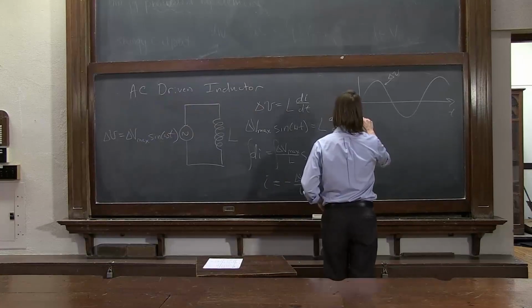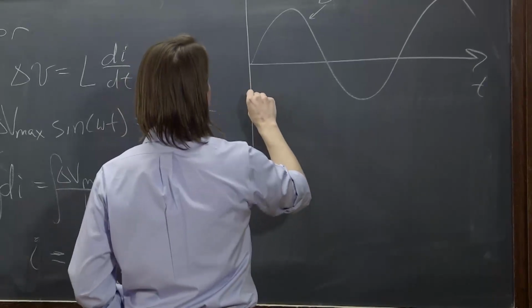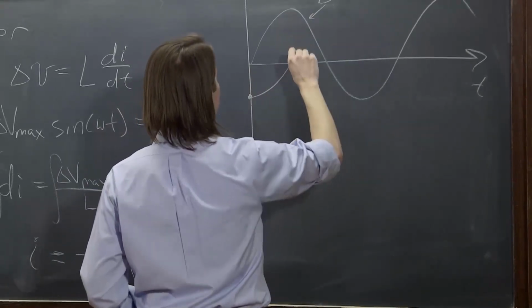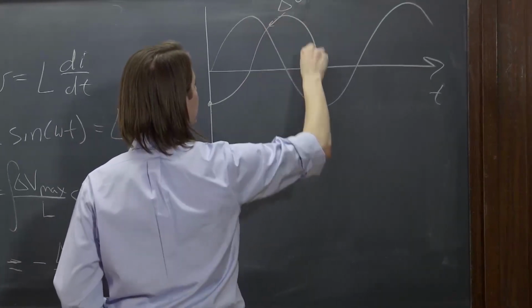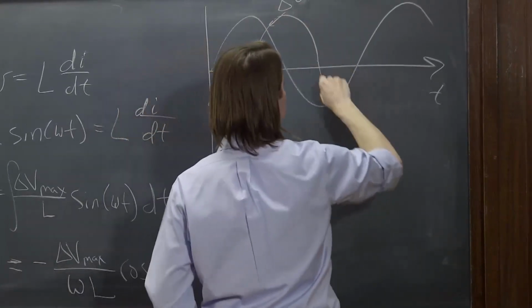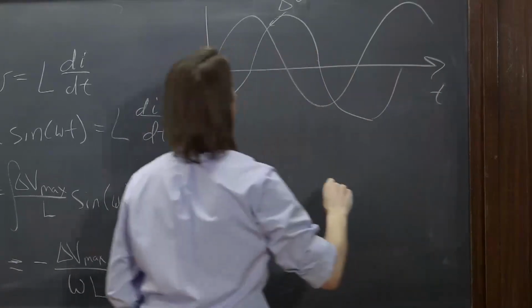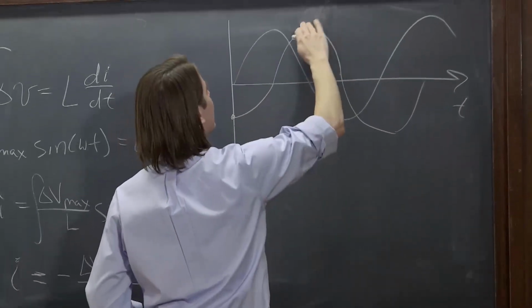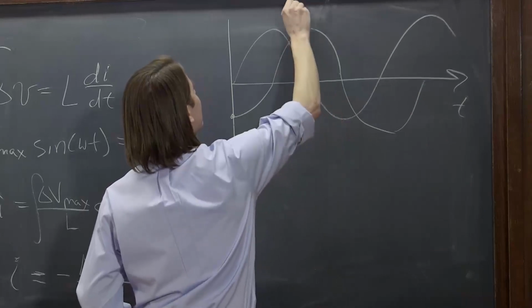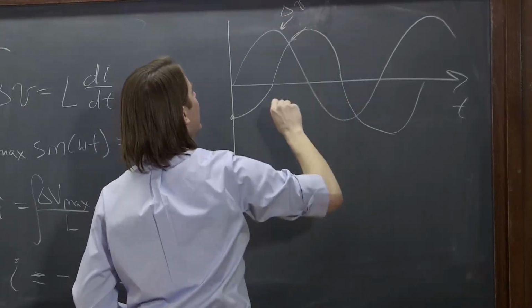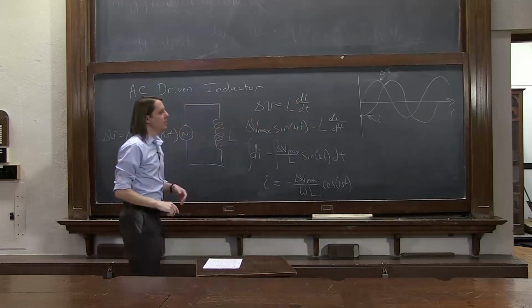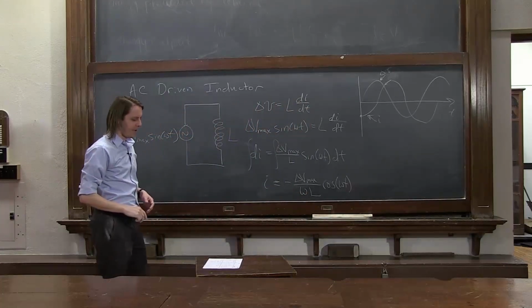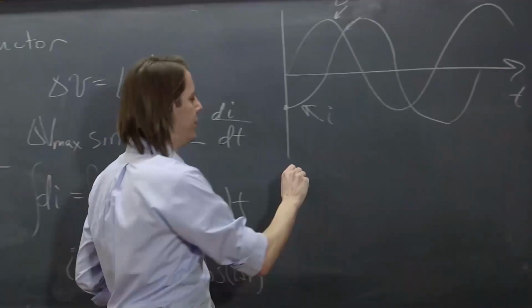So it starts down here like that, and then it's going to come up and hit 0 when that one is there, and it's going to hit its max when that one is at 0, and then it's going to do something like that. Like that. So this is a horrible choice here. So delta V is right there, and I is right there. So again, they're 90 degrees out of phase, and the current lags the voltage this time.